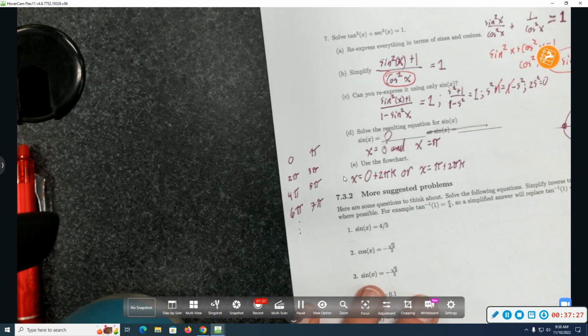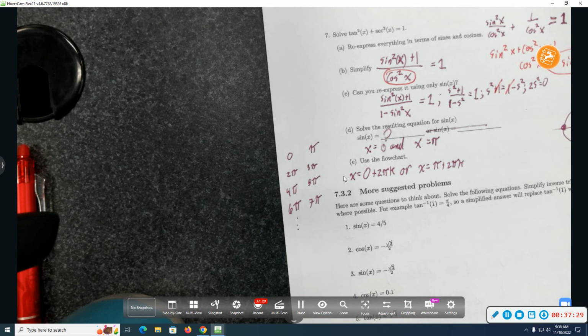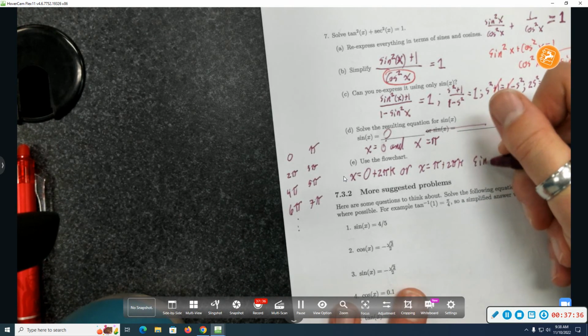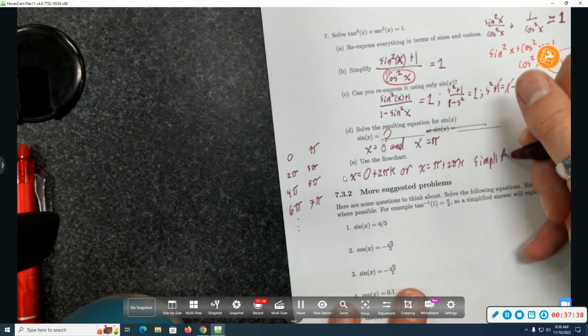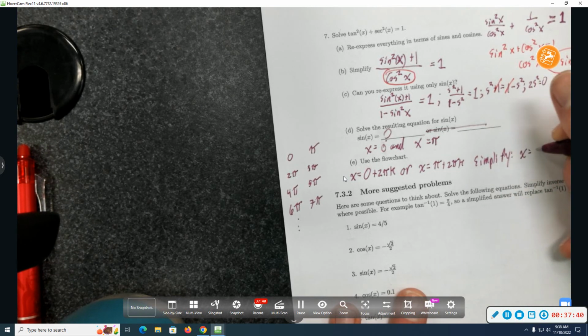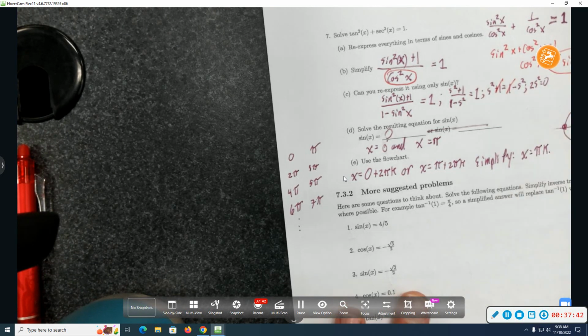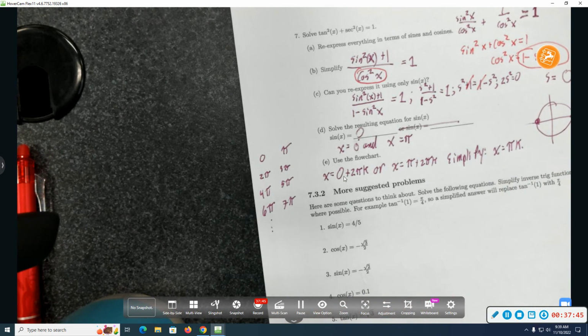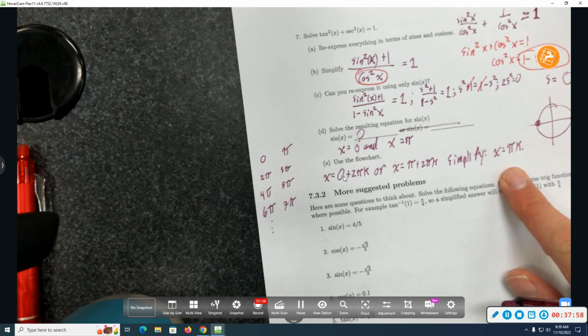Could I combine those both into a single family? Yeah, just any multiple of pi. x equals any multiple of pi. How's that idea feel? Reasonably okay? If you can recognize it as such, then simpler solutions are better. And this is certainly a simpler looking solution than that.